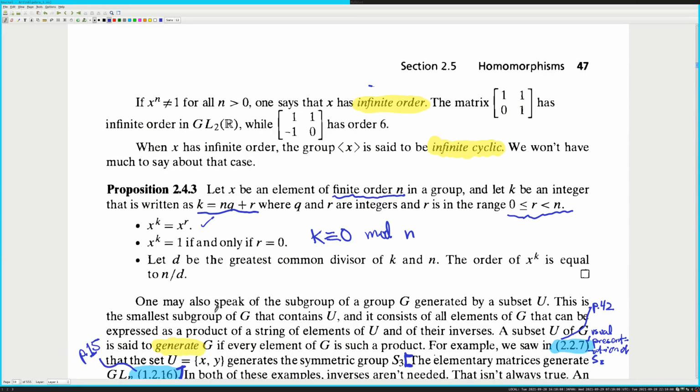Let d be the greatest common divisor of k and n. Okay. All right, let me think about this.